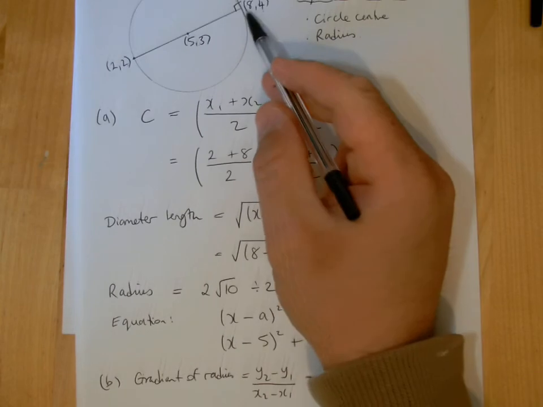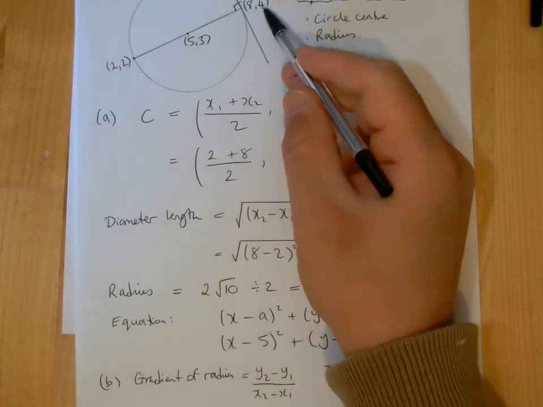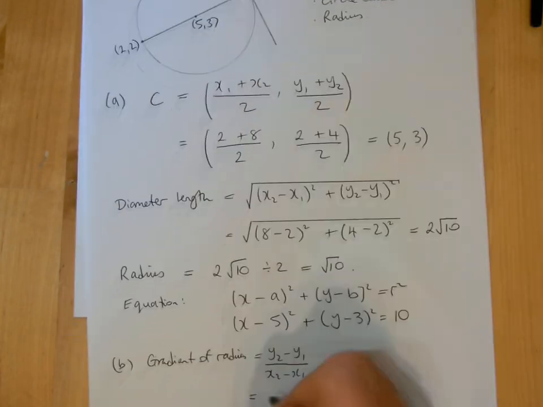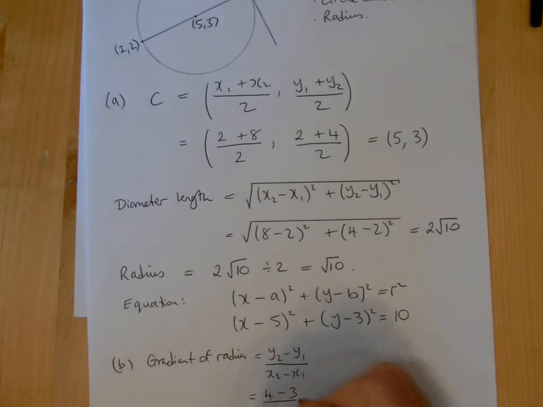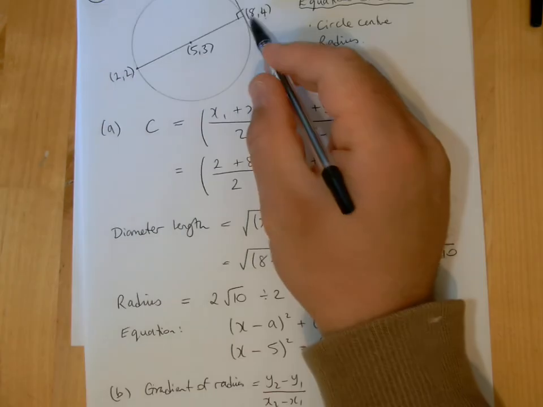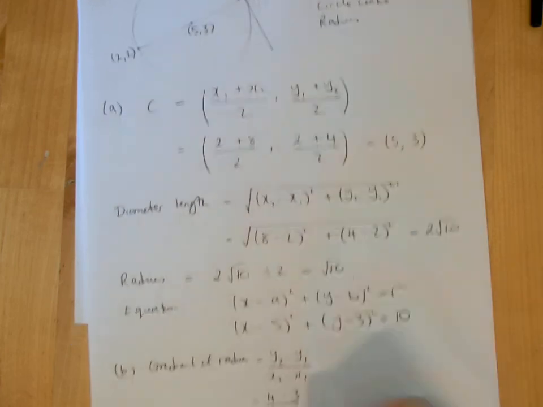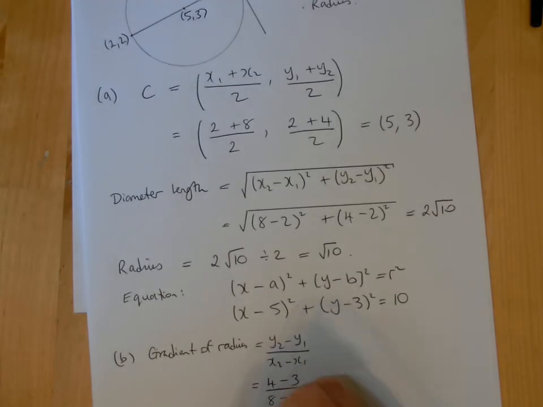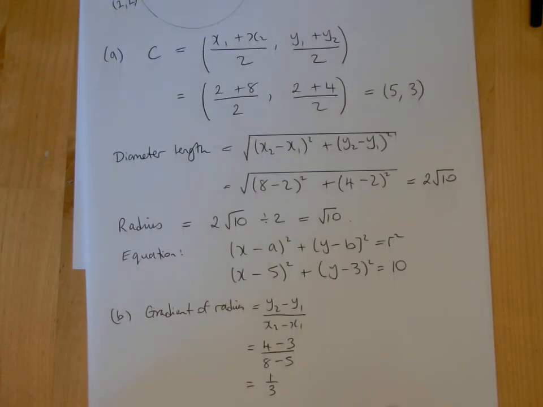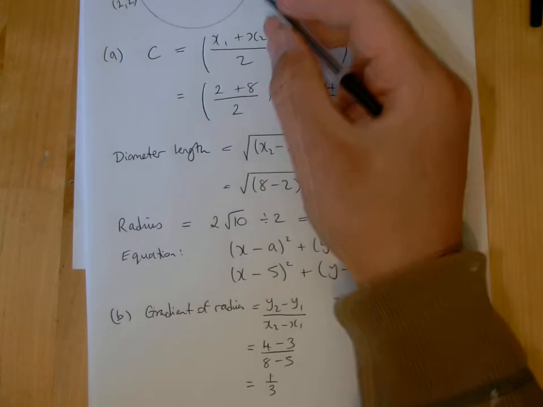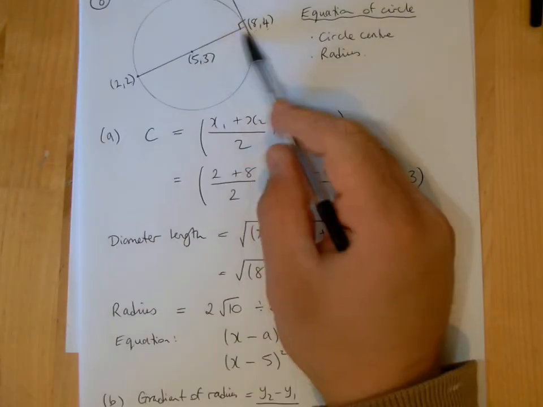Using these points, my y2 will be 4, my y1 will be 3, and then my x2 will be 8, my x1 will be 5. So I get 1 on the top, 3 on the bottom. That's the gradient of the radius, but I want the tangent.